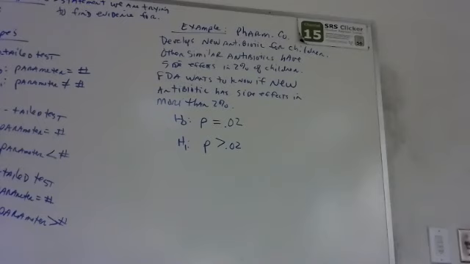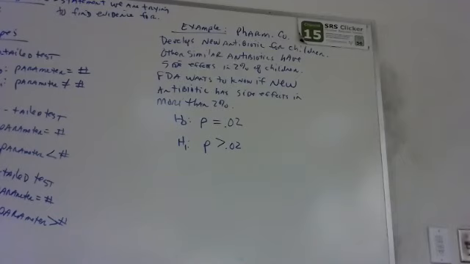Let's do this one. The standard deviation of a 64-ounce bottle of detergent is known to be 0.23 ounces.